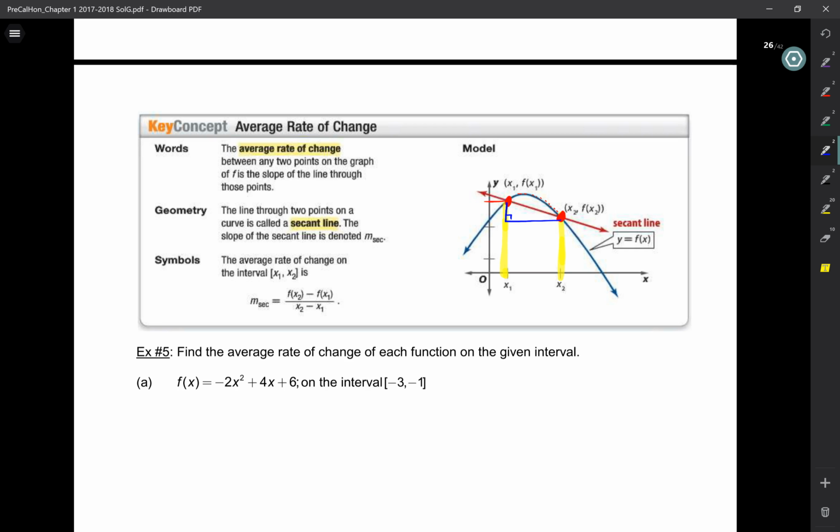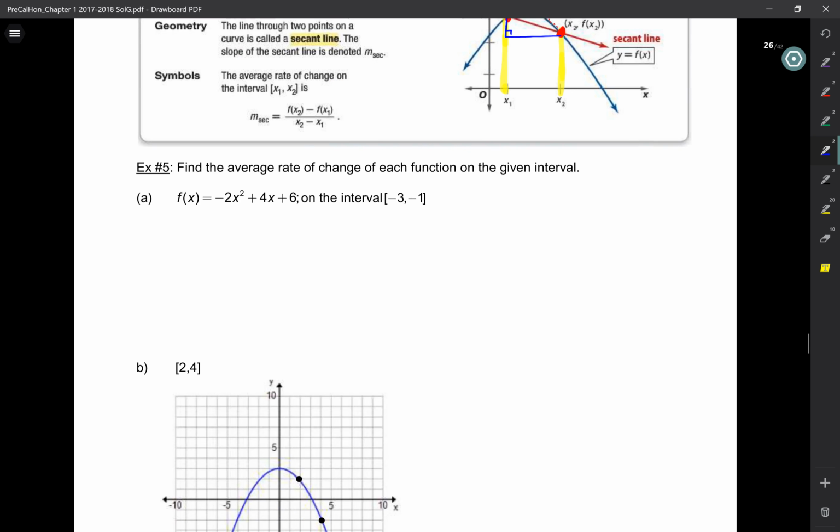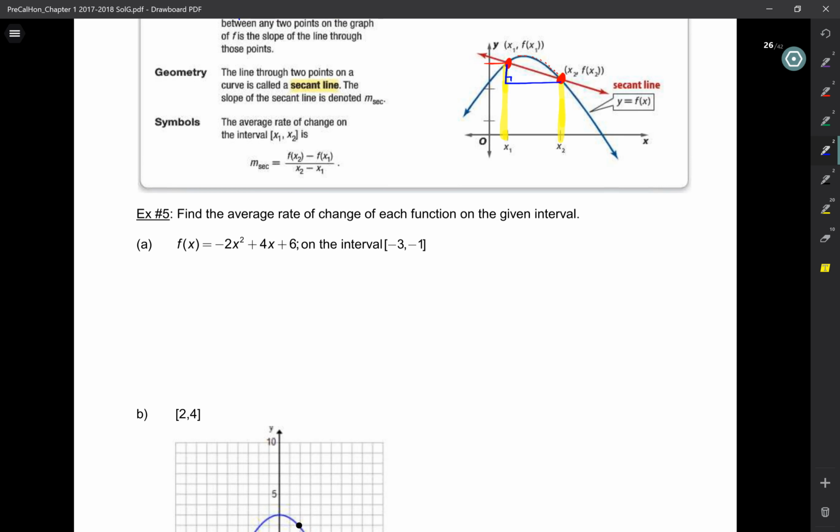In other words, that would be the average rate of change. So to find the average rate of change, you draw a line between them and then you find the slope.